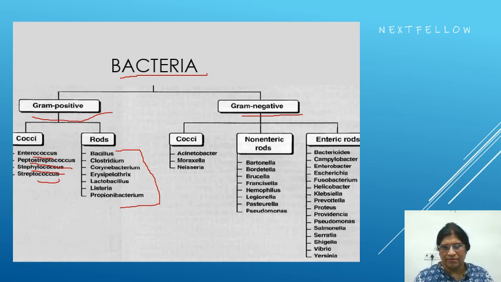Gram-negative can be cocci, non-enteric rods or enteric rods.